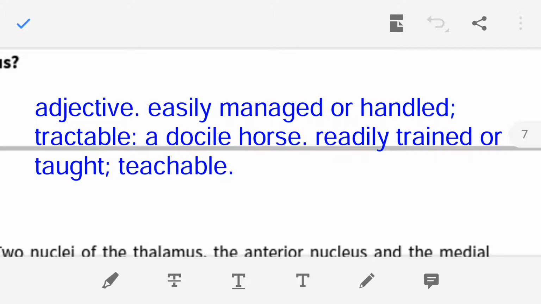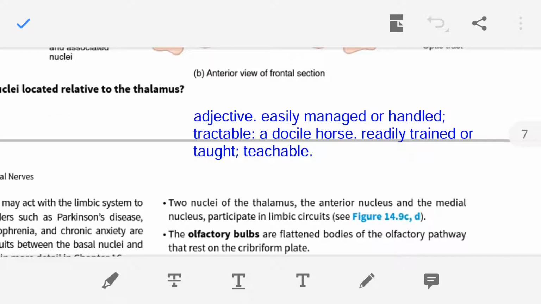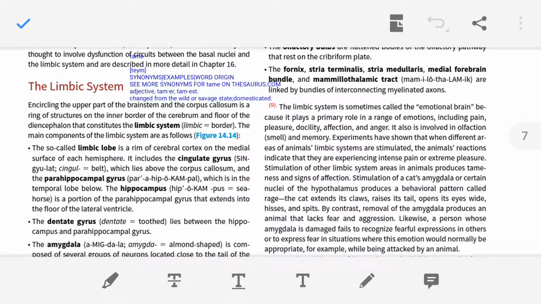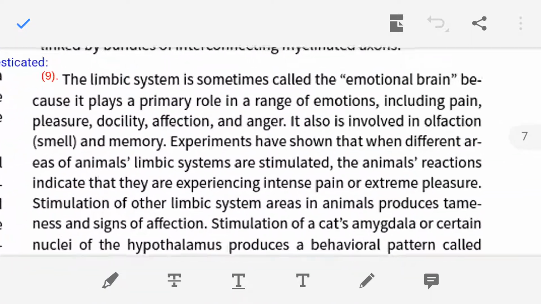The hero goes in the jungle and tries to control the wild horse, and after some effort or fighting, ultimately the hero manages to get control over the horse. Then the hero sits on the back of the horse and brings this horse to his home. So that is the meaning of docility.